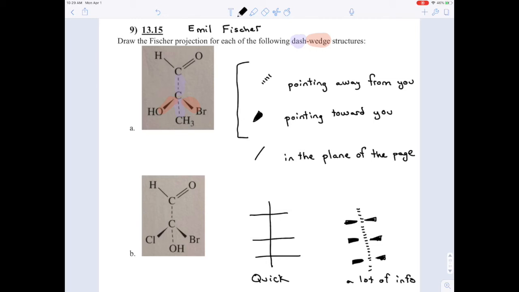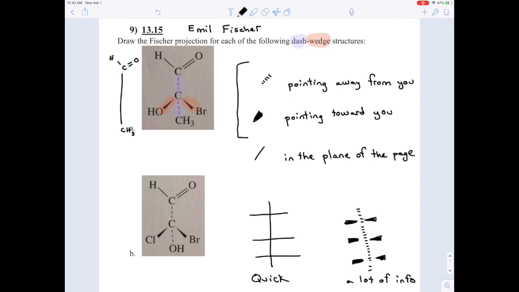So, when you're trying to redraw the structures that they give you, all you have to do is draw the carbon on top, the carbon on the bottom, and in between, just draw a vertical line. The assumption is that that vertical line is all going to be bonds that are going away from you.